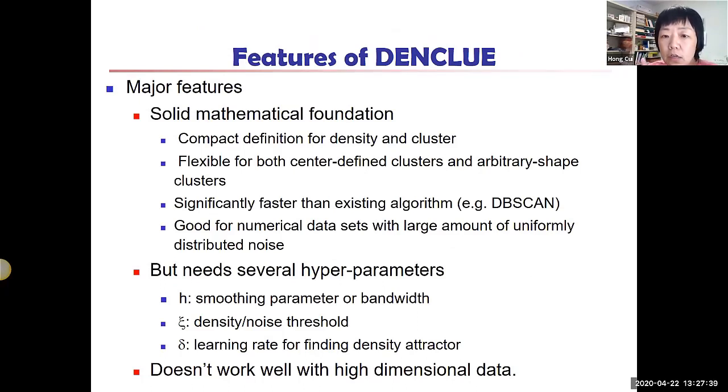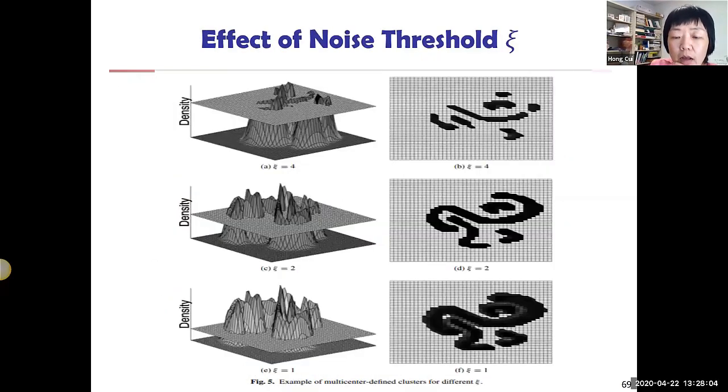Features of DenClue compared to other density methods: it's very fast. It's flexible for both center-defined clusters, which are defined by the cluster attractors, or arbitrary shaped ones. Did we talk about arbitrary shaped?